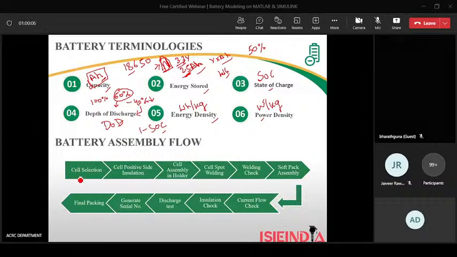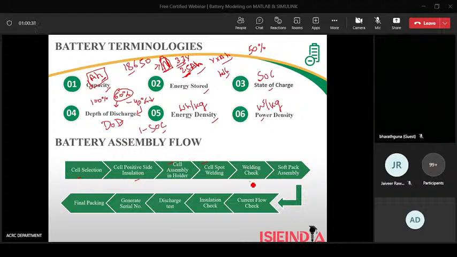Initially there is cell selection, then cell positive side insulation. We select the cells, which chemistry of the cells we will be using, then we decide the positive side, then proceed to the insulation part, then cell assembly holder, cell spot welding, which means we are connecting the cells in series or parallel combination accordingly.